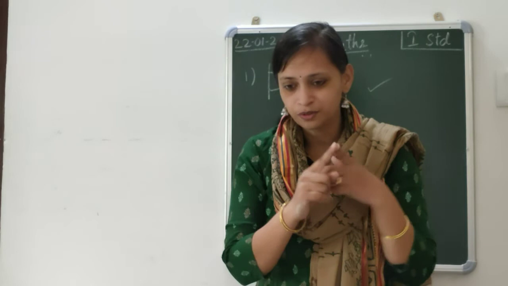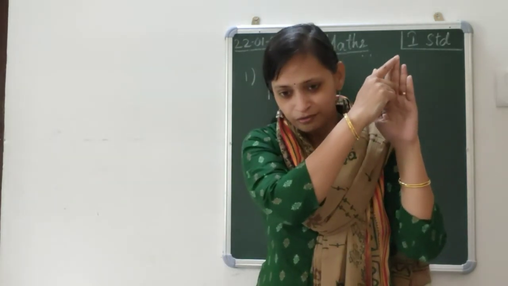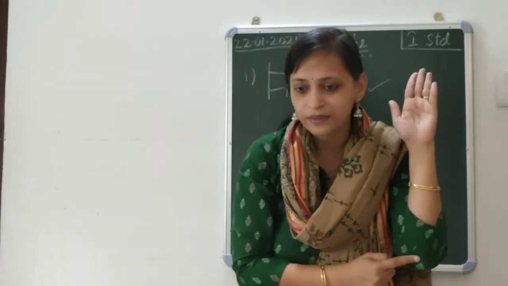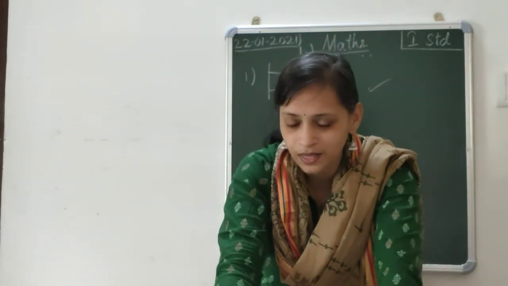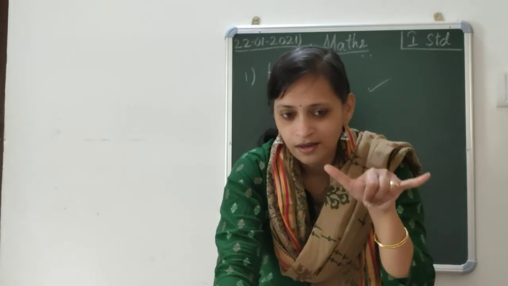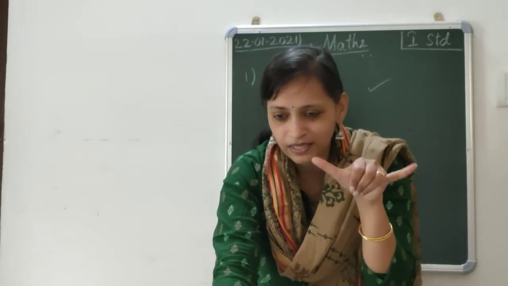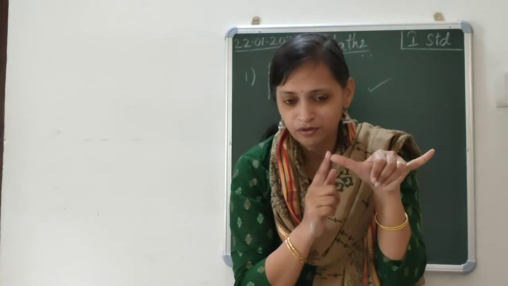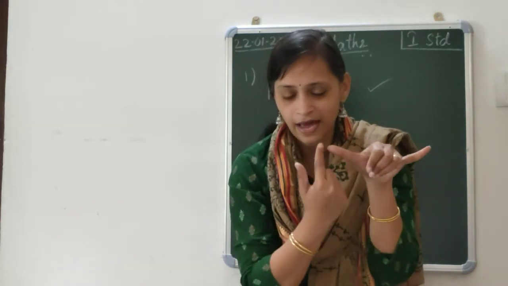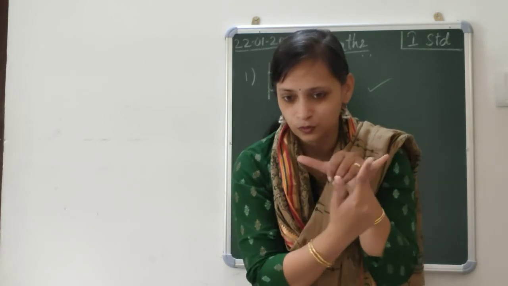You learned about cubit. Cubit is measuring from your fingers till the elbow. This is called 1 cubit. Then you learned about hand span, the tip of your thumb till the tip of your little finger. This is called your hand span, the distance between these two.